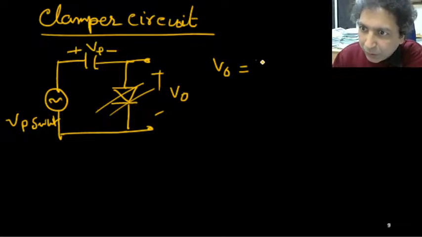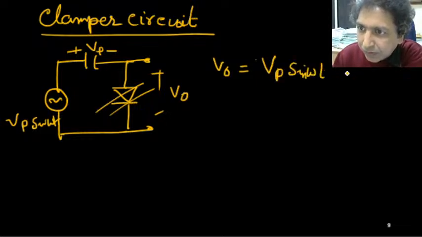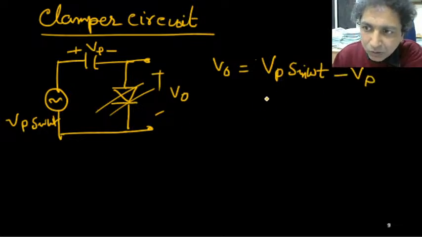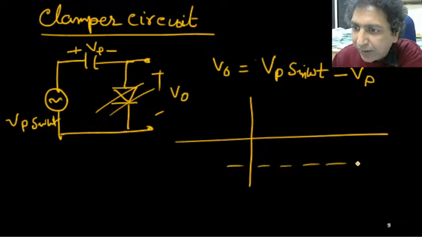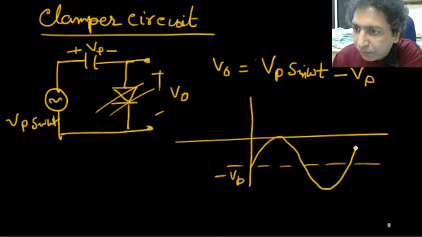So output voltage will be input voltage Vp sin omega t minus capacitor voltage Vp. So what is the waveform? It will look like this. I am drawing the steady state. Be careful. So this is your minus Vp, and you will get this kind of waveform.